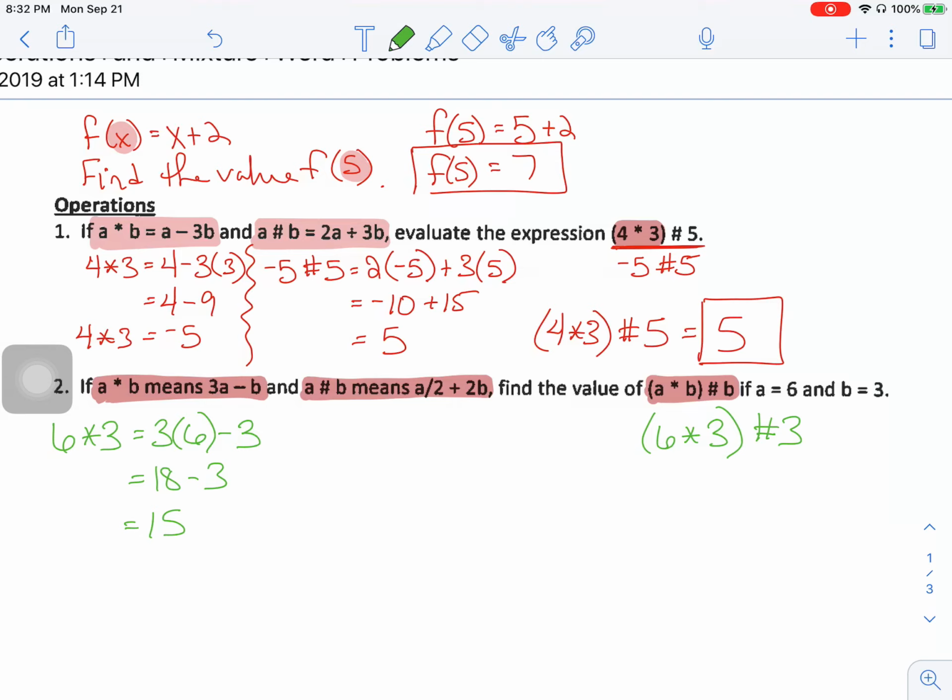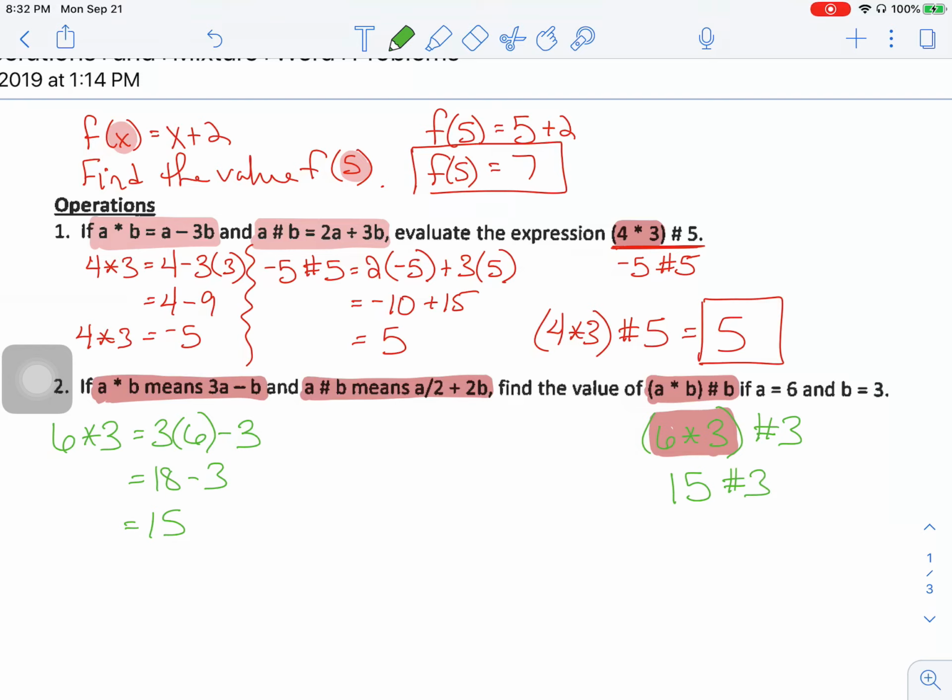So then this expression, where we had that 6 asterisk 3, I'm going to replace with 15 because that's what we just figured out that it equals. So we've got 15 hashtag 3.